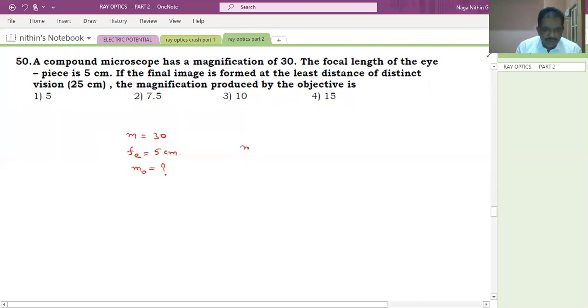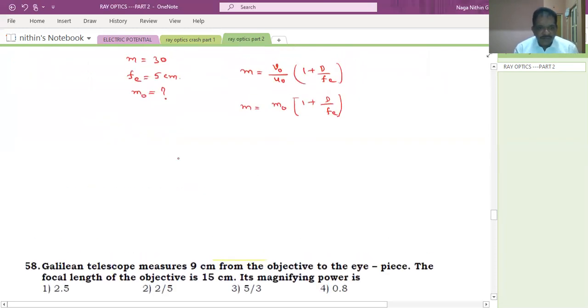So m is equal to VO by UO into 1 plus D by FE. This VO by UO will be the magnification of the objective, into 1 plus D by FE. Then all are given.